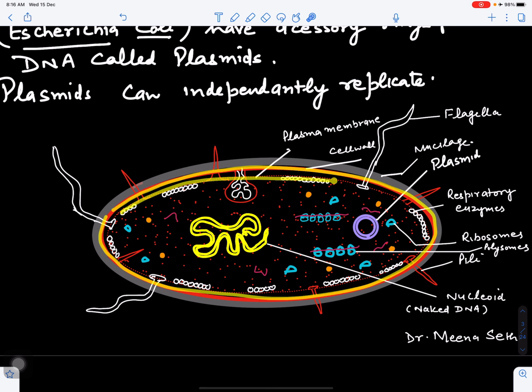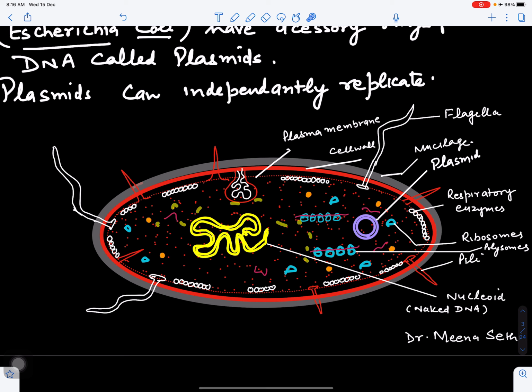This is the plasma membrane showing enfoldings called mesosomes, right? This is the cytoplasm having RNAs and ribosomes. And this is the nucleoid, which is naked DNA. This is the extra-chromosomal DNA, the plasmid. This may be covered by a mucilaginous sheath or covering, right? And these are flagella, and these are villi.